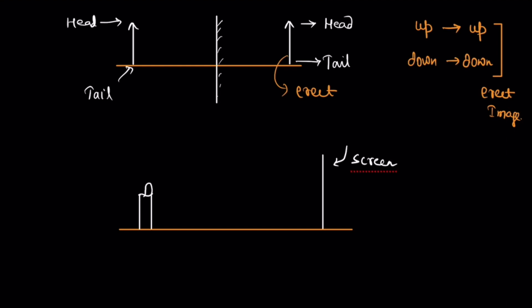So what we notice on the screen is that the candle image is actually formed this way. So here what happened? Up becomes down and down becomes up. So basically the image that is formed is an inverted image.